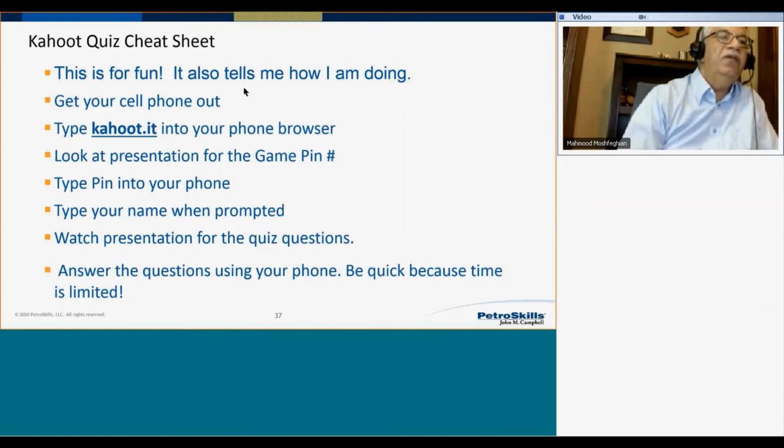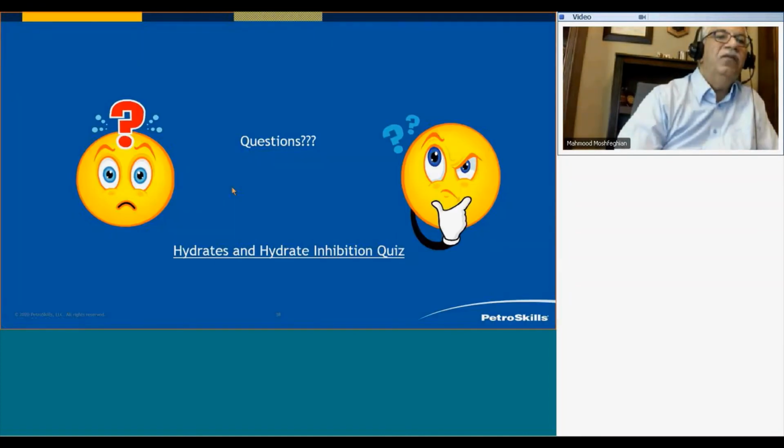Watch the presentation for the quiz question, then select the answer using your phone. Be quick because time is limited. The faster you respond to the question, the more points you get. So not only do you need to know the answer, you've got to be fast as well. With that said, let's do the quiz. There are about 10 quiz questions.